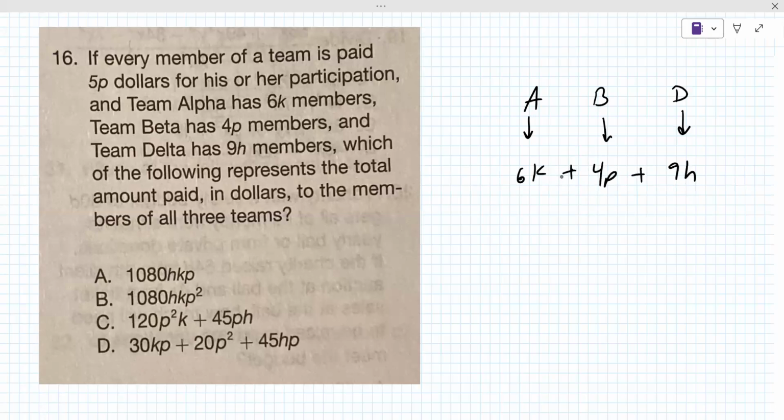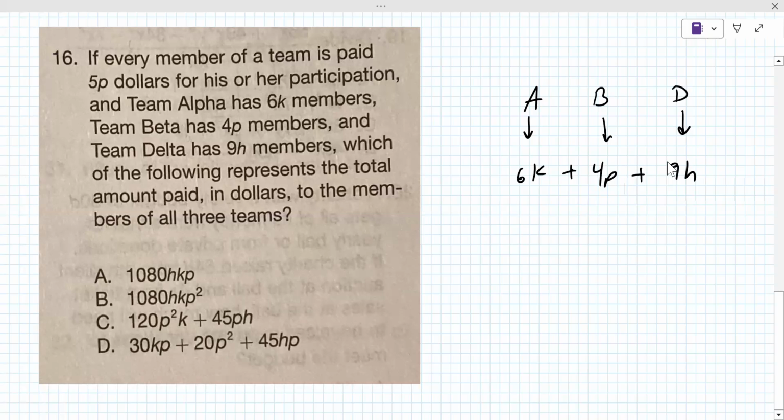Like 60 members, 40 members, 90 members. How many members total? You would add these up. That's what this problem is asking you to consider here.